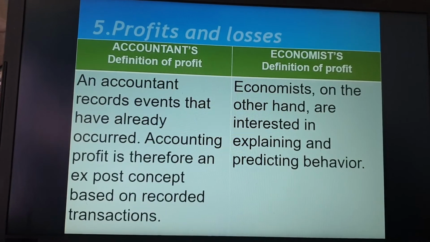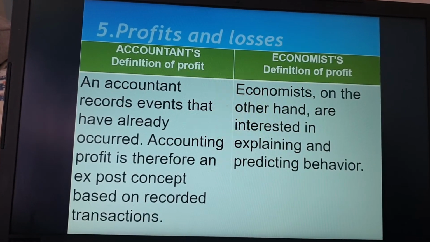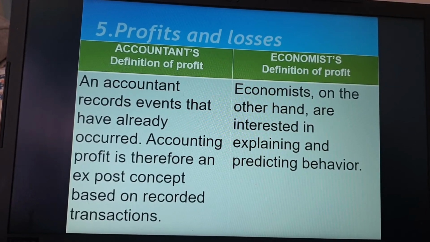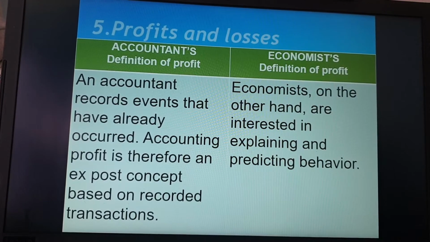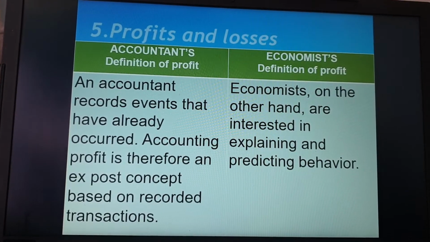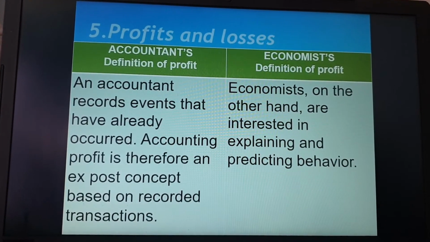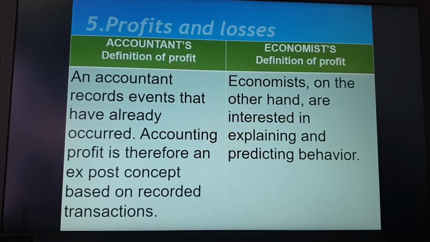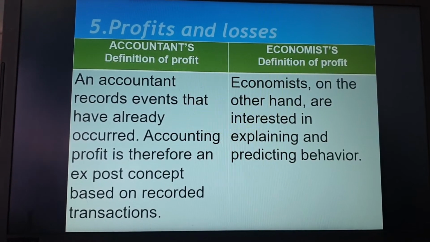Profits and losses. We get an accountant's profit and an economist's profit. An accountant records events that have already occurred, so sales that already occurred in the business or expenses that have already been paid. Accounting profit is therefore an ex post concept based on recorded transactions. So for those of you that have accounting, you will know you normally record in your CPJ, in your CRJ.